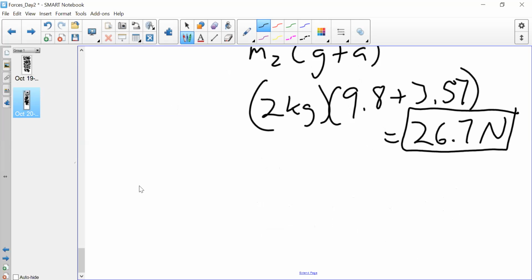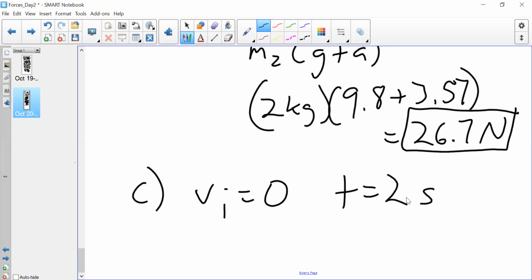Then, what do you think we're going to do for part C? Let's find the kinematics speed. Kinematics, exactly. So we'll find the speed of each object 2 seconds after they are released from rest. We know that vi is equal to 0, and it takes 2 seconds for them to fall.